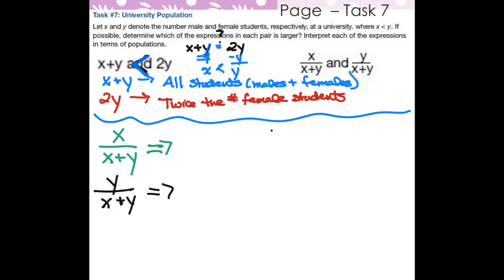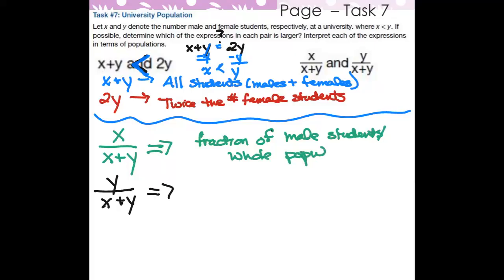Okay. And we're talking about the first one, right? Yeah. So this is the fraction of male students out of the whole population of the campus, right? Yes? Agree?